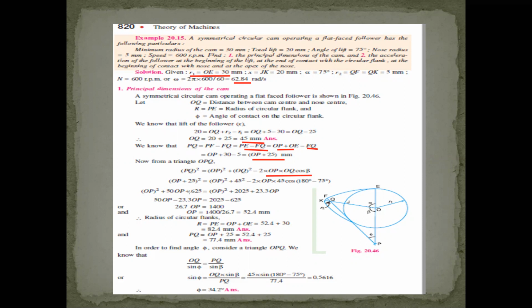That is A square plus B square plus 2AB equals OP square plus OQ square. OQ is already known and OP is unknown. Cos beta means cos of 180 minus 75.